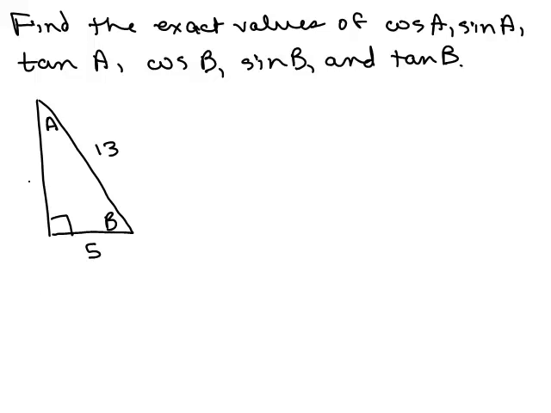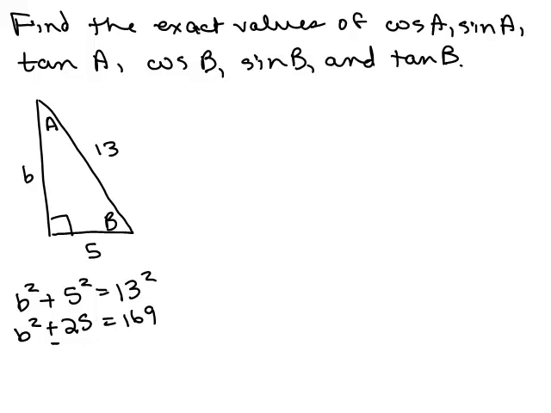the Pythagorean theorem. Let's call this side across from angle B, little b. Often we do that with right triangles. If we have big letter B, we have the side be a lowercase b. So that means b squared plus 5 squared is equal to the hypotenuse squared. So b squared plus 25 is 169.